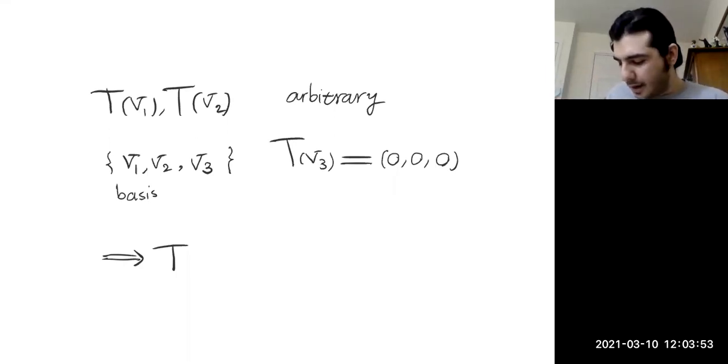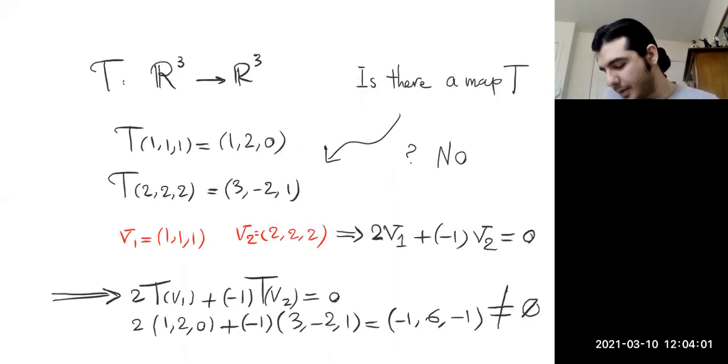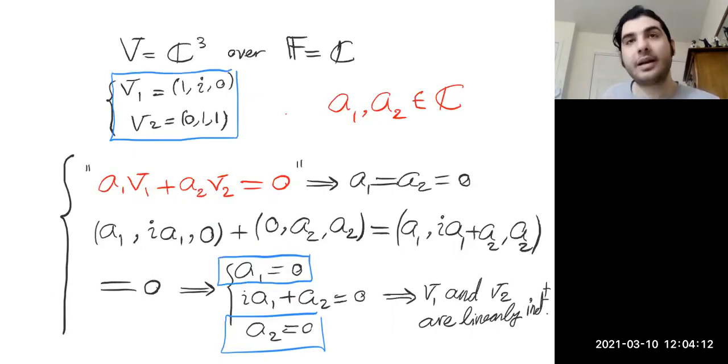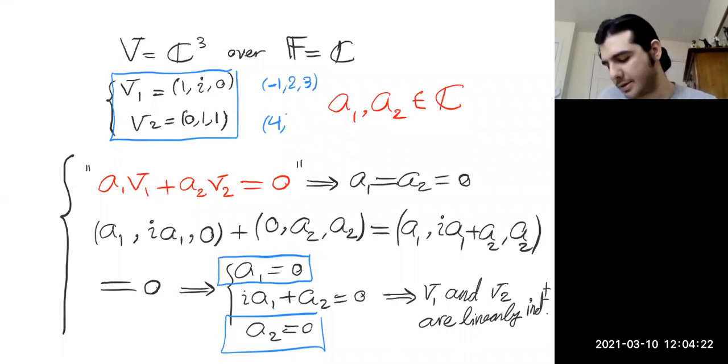One of the common mistakes I saw in the solutions was this. A lot of people mentioned these two vectors are linearly independent, and therefore their images have to be linearly independent. If you look at the question, it says the image of the first one is this, and the image of the second one is this.